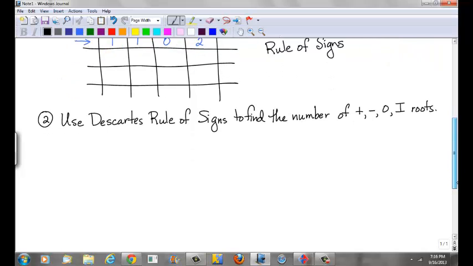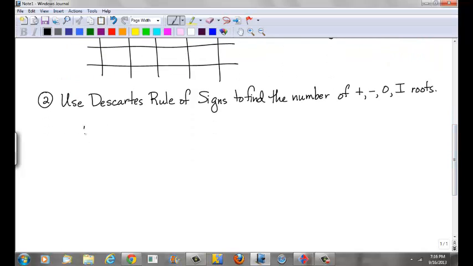Okay, and here's the beginning equation. W to the 4th plus W to the 3rd plus W squared plus W plus 3 equals 0.